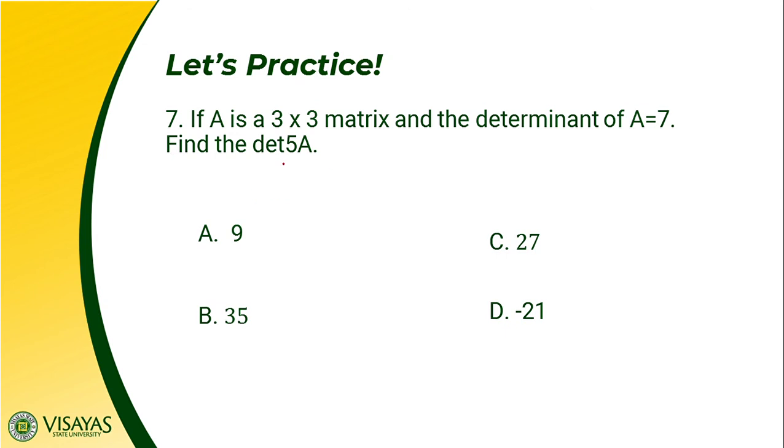Okay, so for this question, since we are already given the determinant of A, which is 7, you just multiply that by 5, because we are asked to find the determinant of 5A. This is just similar to say that the determinant is 5 times 7. So therefore the determinant becomes 35. The answer is letter B.